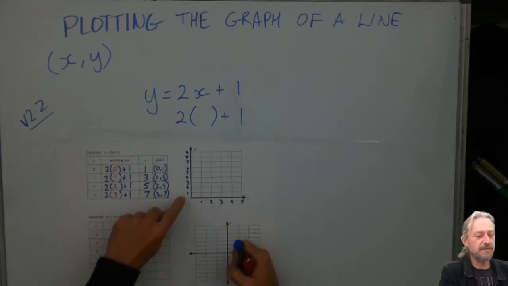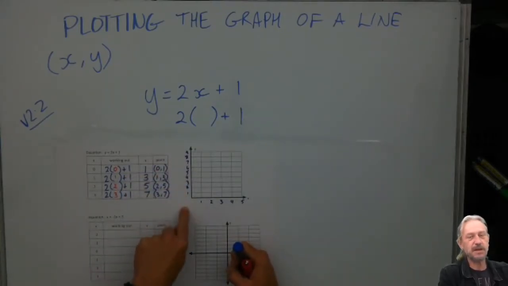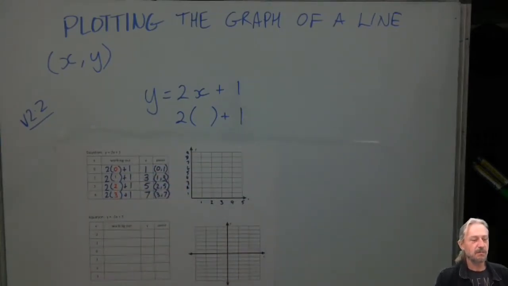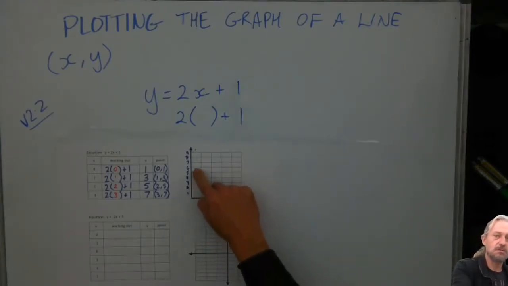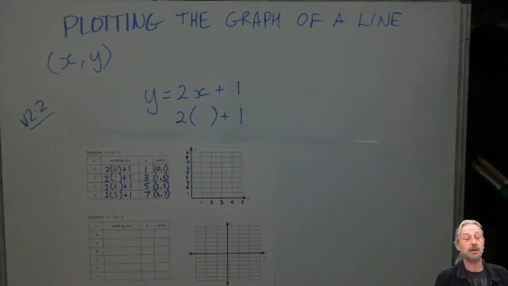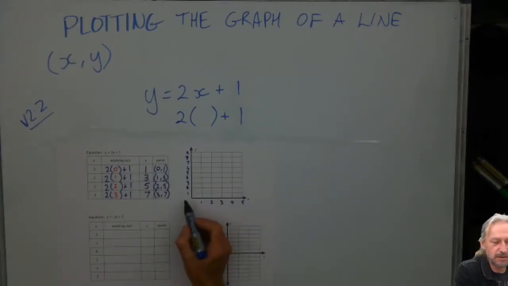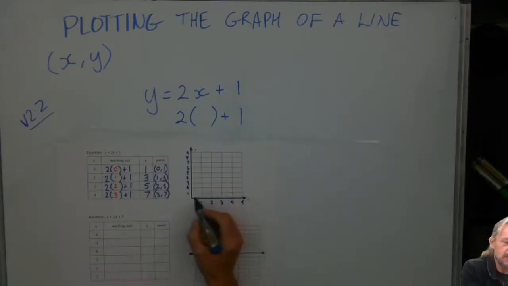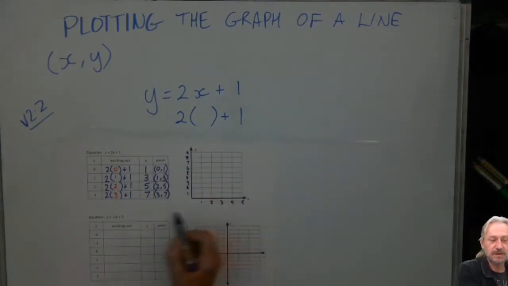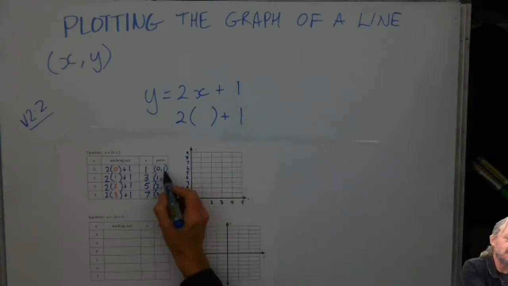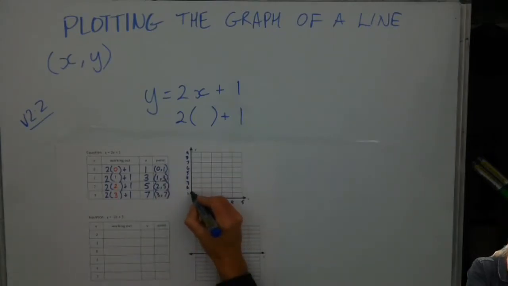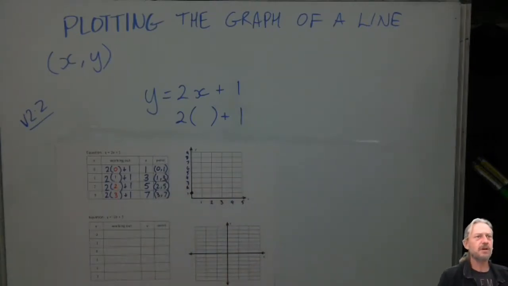You don't necessarily have to number every space, but as long as you keep your scale regular. So it's just like a graph. The first one, 0, 1. So 0 is essentially on the y-axis because we've moved 0 spaces in the x direction. And then 1 is there. I'll try and make them visible.